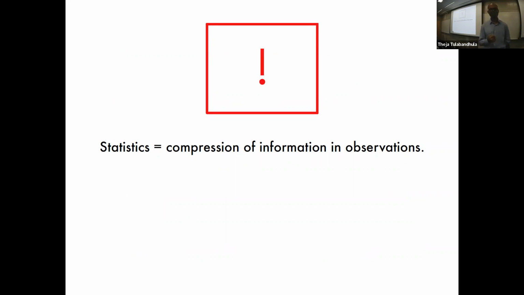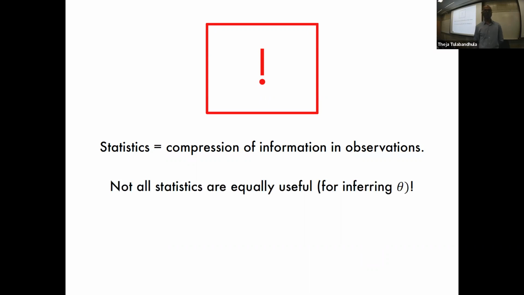Stepping back again, statistics is all about compression of information in observations. You collected data, you assume there's some underlying distribution from which you got the data, and statistics are just these compressed functions like the T function that we saw: summations, averages, max, mean, median, and all that.